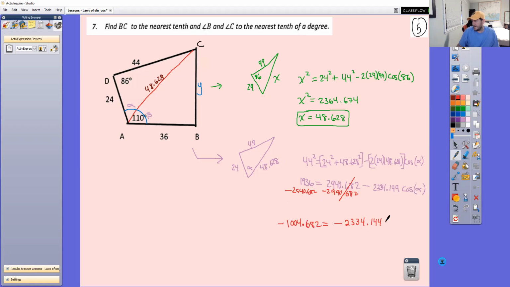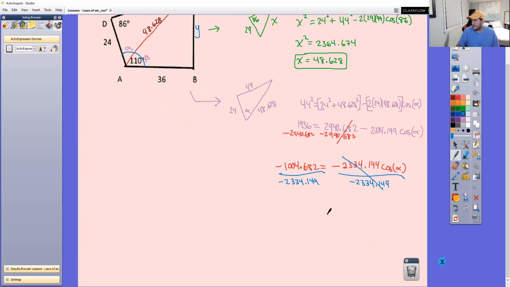Oh, I almost forgot. This is times the cosine of alpha. So now we divide by that coefficient. And you can get that to cancel. And so finally we have just the cosine of alpha, and it's going to equal whatever nasty decimal this comes out to be.